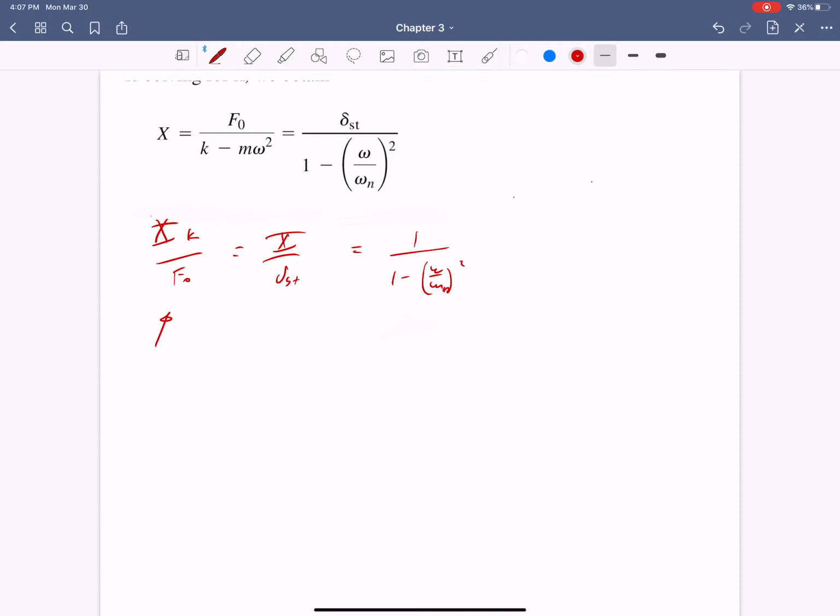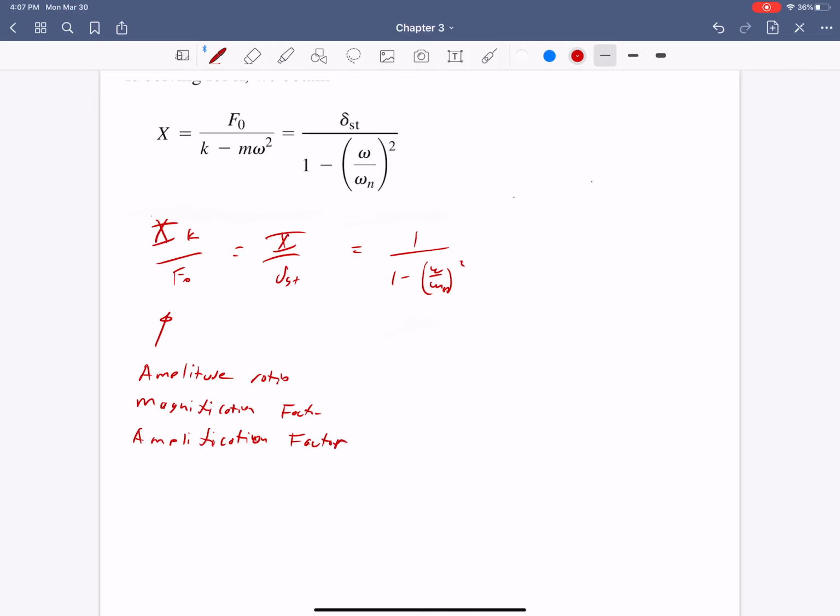You'll see this called the amplitude ratio, or the magnification factor, and you also see it called the amplification factor.